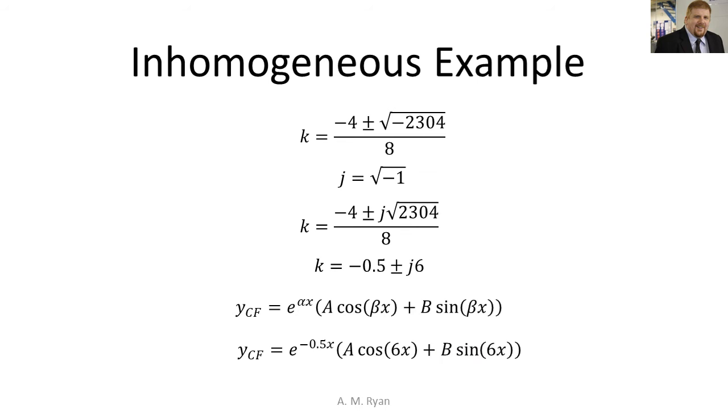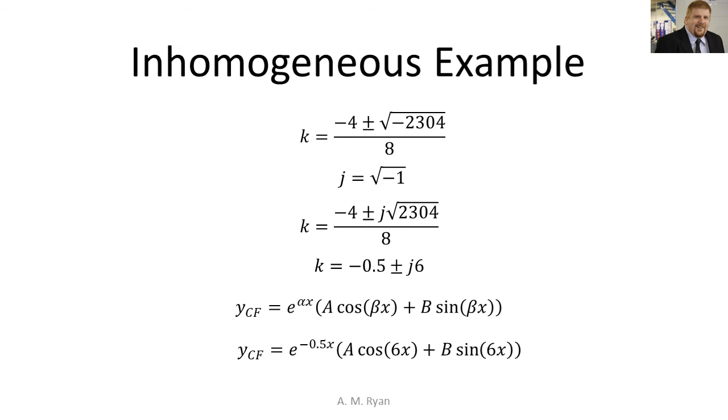Now's the point where you need to remember that this is inhomogeneous. Because if you forget to add in the particular integral that we worked out earlier, before trying to work out what a and b are, you will get the wrong answer.